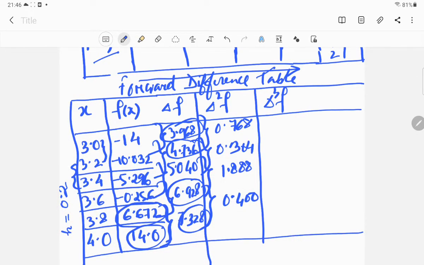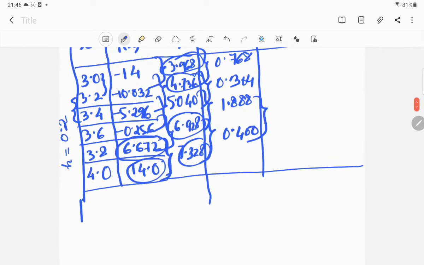Now I need to find the gap between these two. It is 0.304 minus 1.888. Obviously it will be a negative number, so it is minus 1.584.